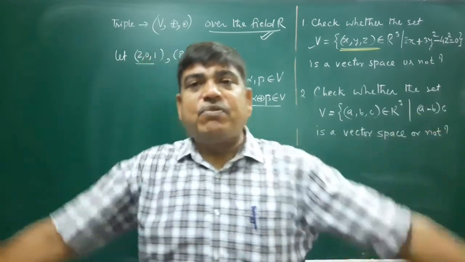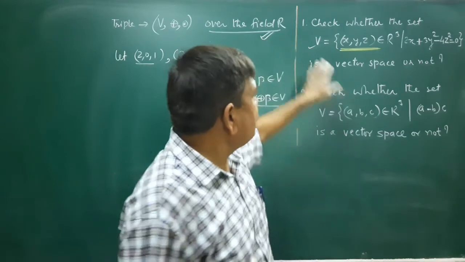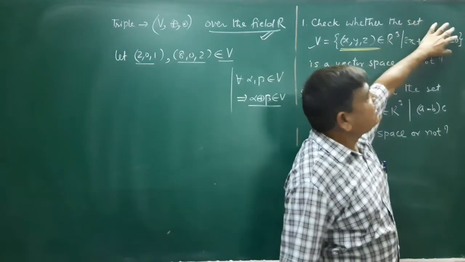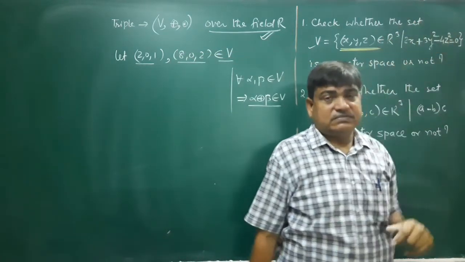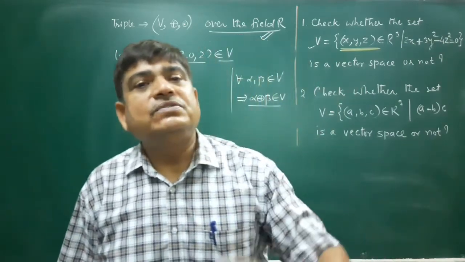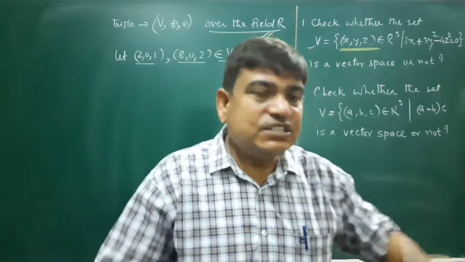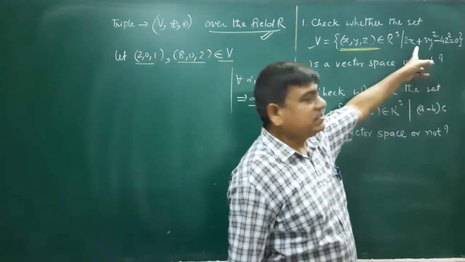Every point in 3-dimensional space will be a member of V if this condition is not given. Here the condition is specified, meaning you consider those points in 3D which satisfy this relation.